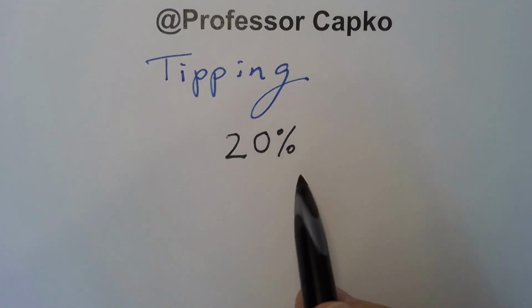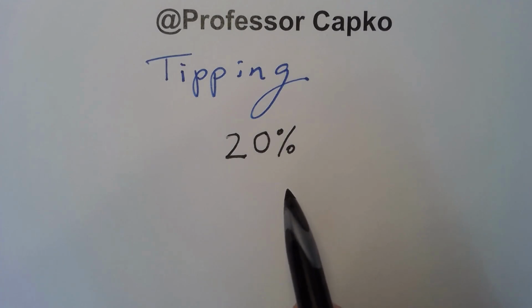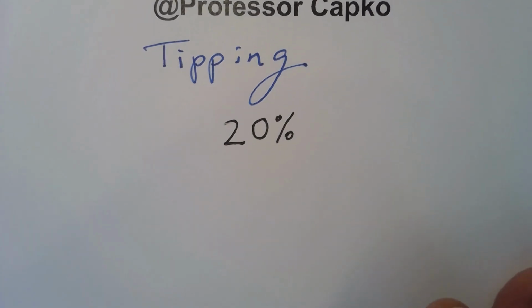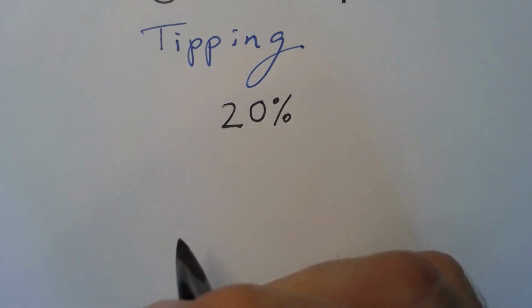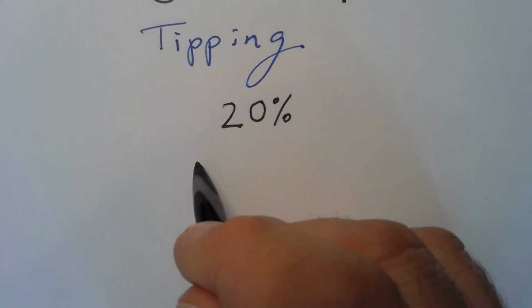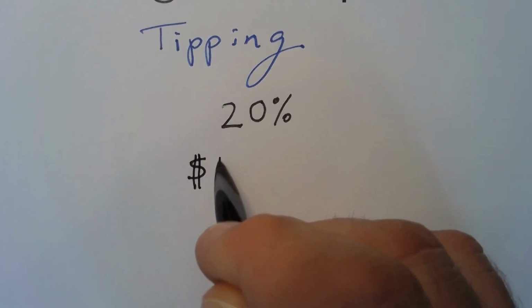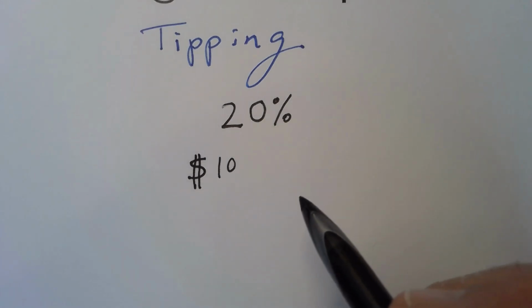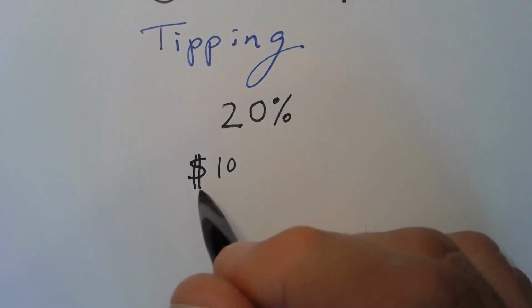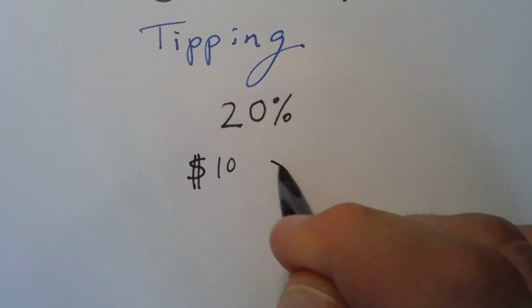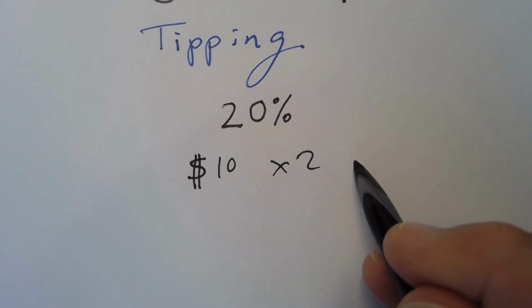The reason I like 20% is because it makes the math super easy, and then you can adjust it accordingly from there. So if we say that we're going to tip 20% of the bill, and let's say, just for example, you are receiving a bill that's $10. Obviously many of you can do that right in your head, but the way I do it is I always take whatever the bill is, the amount I'm going to tip on, I just multiply by 2 and I move the decimal place.